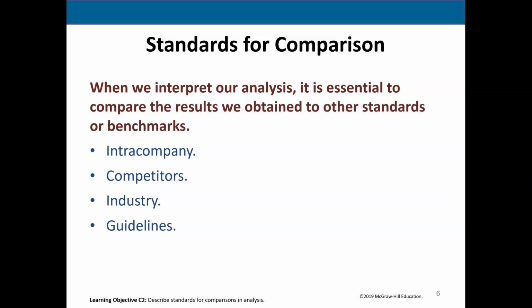And then there are also some guidelines that come with this, where in certain industries there's going to be a standard percentage for certain things, and you can set that as a guideline and try to adhere to that same percentage.